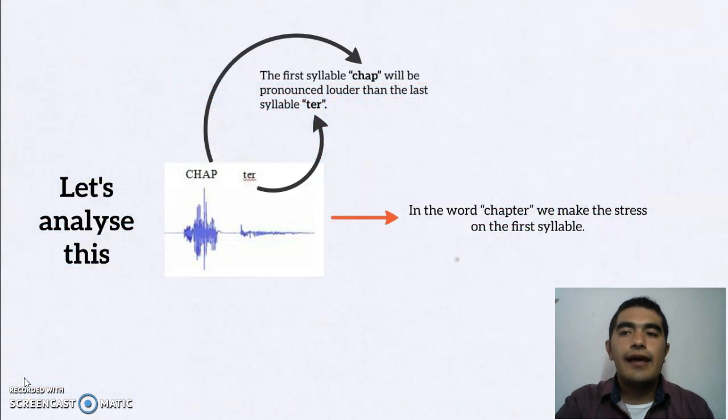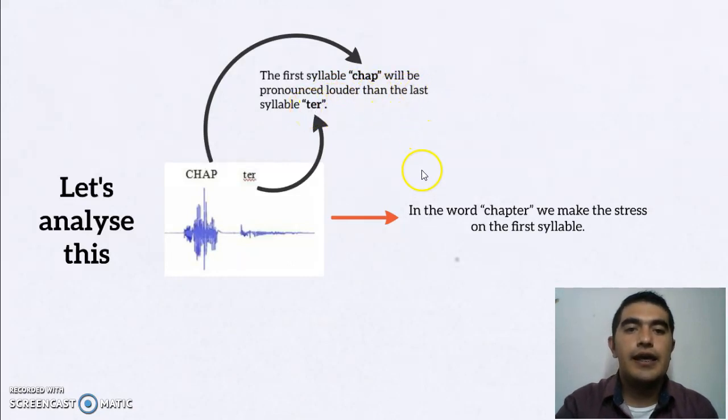Okay, let's analyze this. Chapter. The first syllable, chap, will be pronounced louder than the last syllable, ter. In the word chapter, we make the stress on the first syllable.